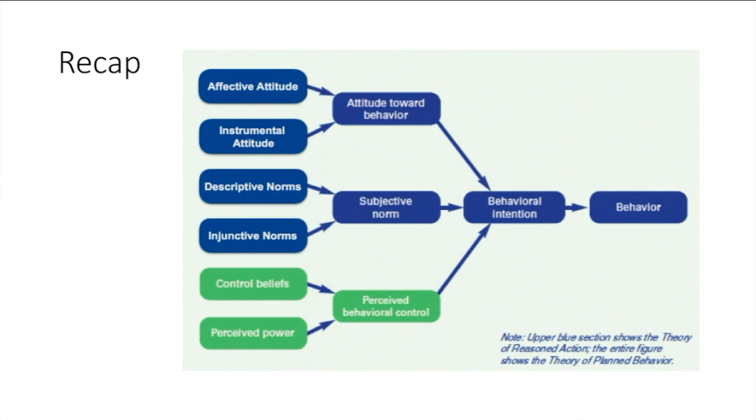So if it's, for example, you quitting smoking, hopefully none of you smoke, but if that's the behavior, are your friends going to support your choice to quit, or are they going to pressurize you into continue smoking? So that is part of subjective norm, and that is also related to influencing your behavioral intention.